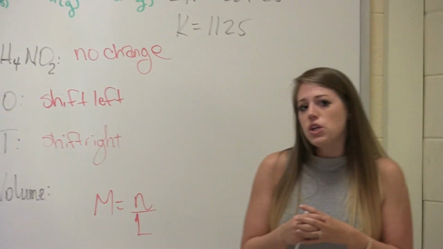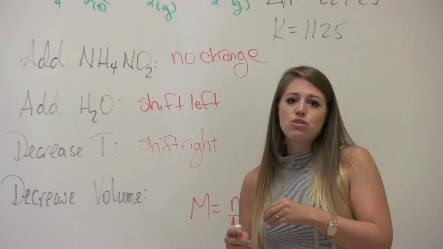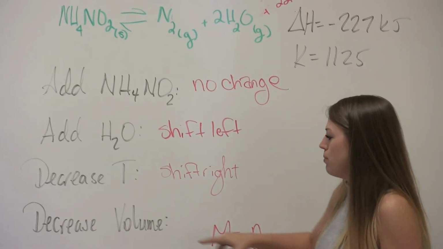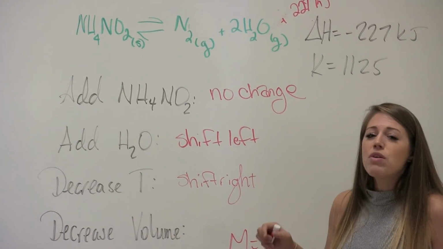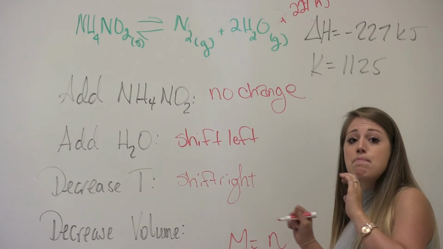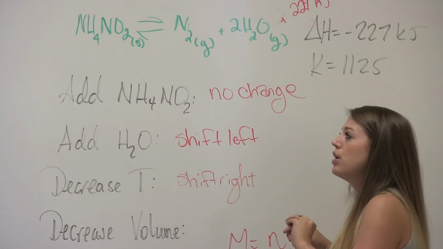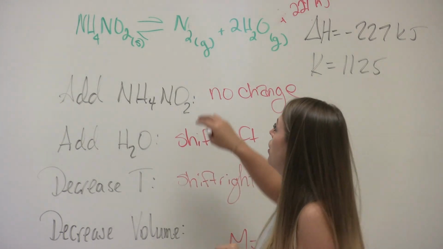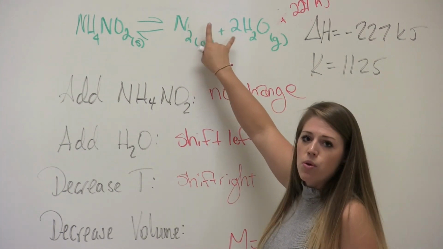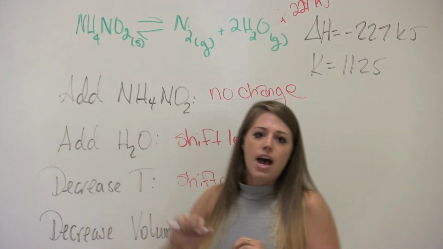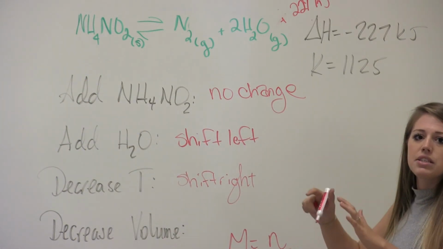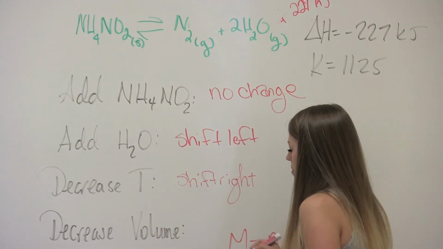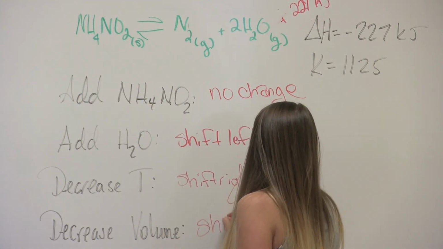If we get more collisions, we're going to increase the concentration of moles. If we increase the concentration of moles by decreasing the volume, we've got to shift to the side to make up for increasing moles. In order to do that, we've got to shift to the side with the least amount of moles. Here we've got 3 moles on this side and only 1 mole on this side. So we're going to shift towards the least moles. Shifting towards the least moles means we're going to shift towards the ammonium nitrite side. So we would say this is going to shift left.